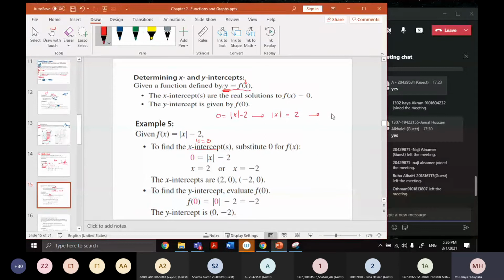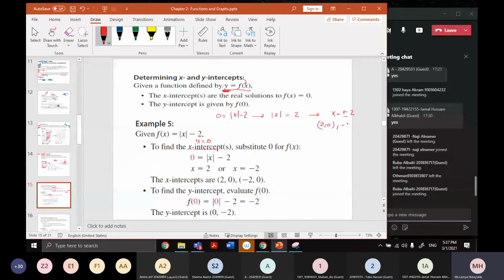So this implies x equals plus or minus 2. Yes? So what are the points of the x-intercept? They are (2, 0) and (-2, 0). For the x-intercept we have values on the x axis, and y is 0. From its definition, we said y is 0.